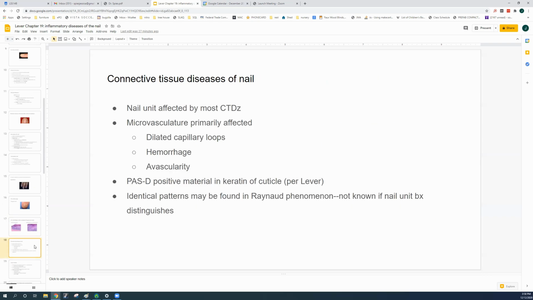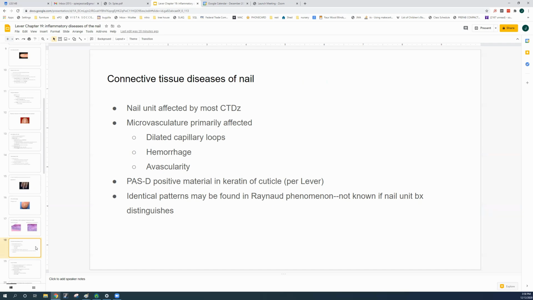Connective tissue disease can affect the nail. And most connective tissue disease does. Usually it's the microvasculature that's affected, and as all of you know already, probably, you get dilated capillary loops, hemorrhage, avascularity. Lever talks about PAS-positive material in the keratin of the cuticle.